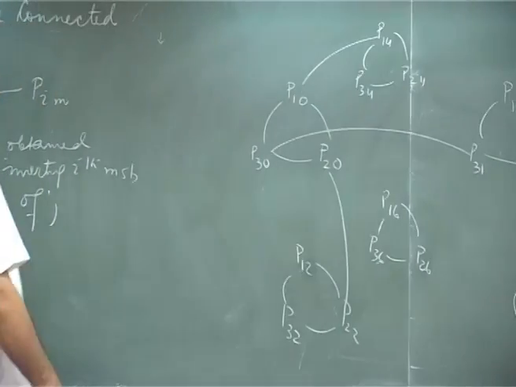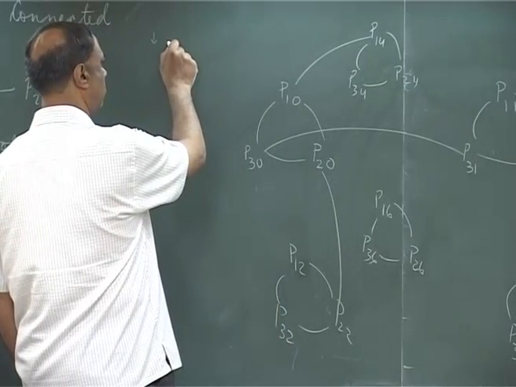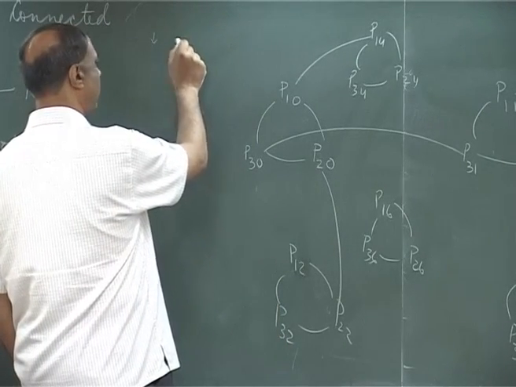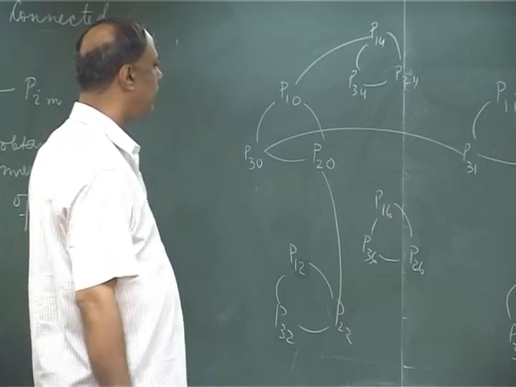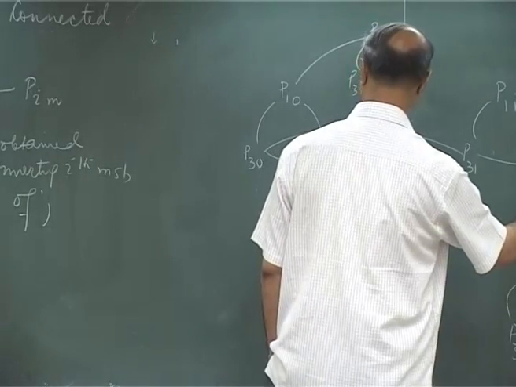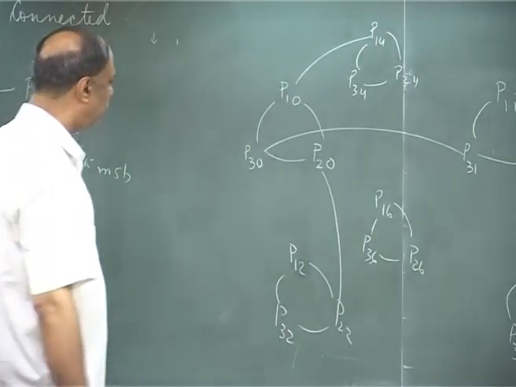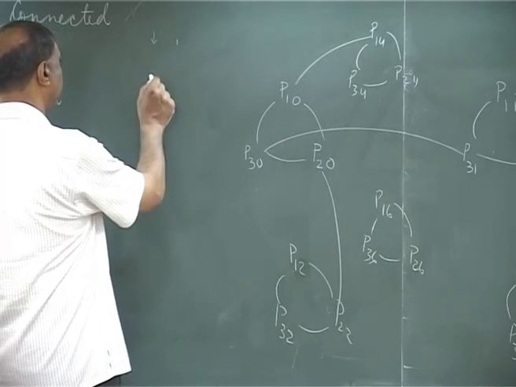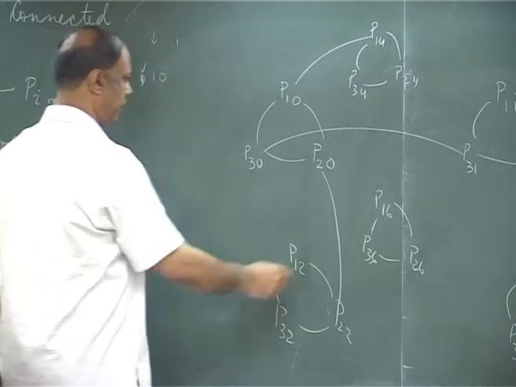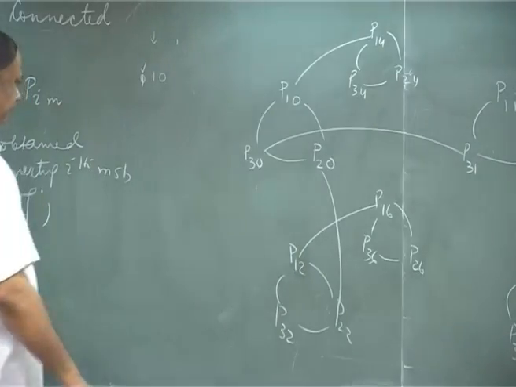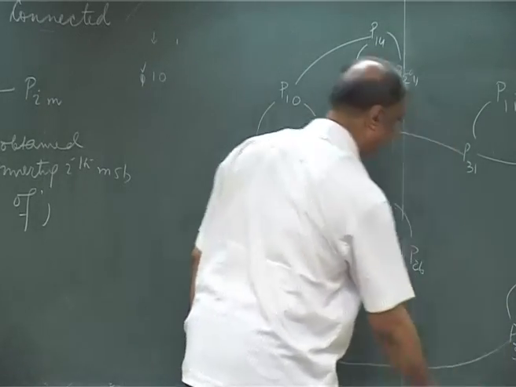Okay. Similarly, P11 is connected with P15, P21 is connected with P23, and P31 is connected with this. Now P12 is connected with P16, P32 should be connected with this.